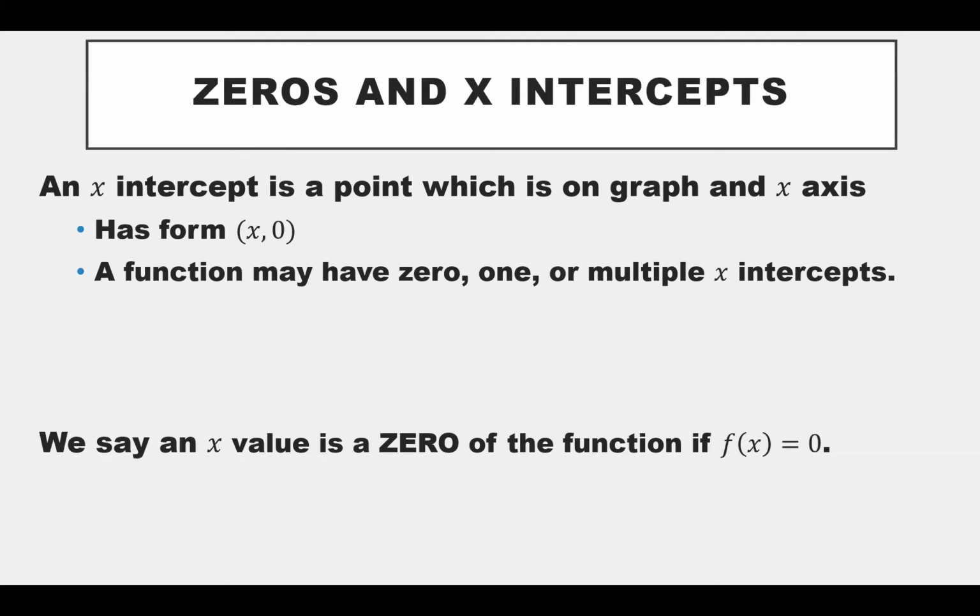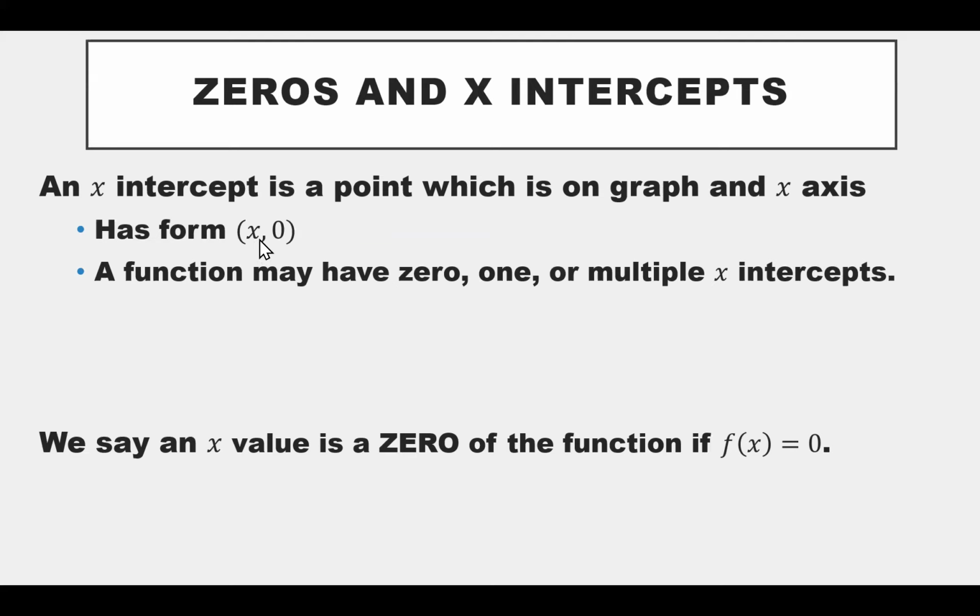Another way we can phrase finding this x value is we want to find a 0 of the function. We say that an x value is a 0 of the function if when you plug in that value, you get an output which is 0. So it's a 0 of the function if you plug it in and you get out a 0.